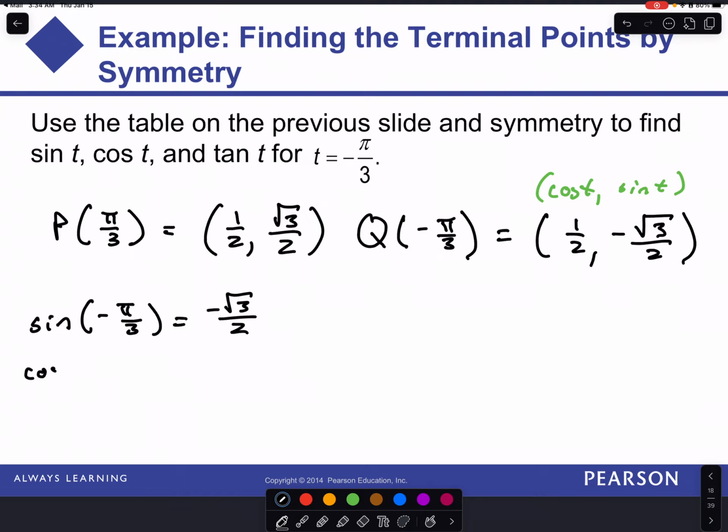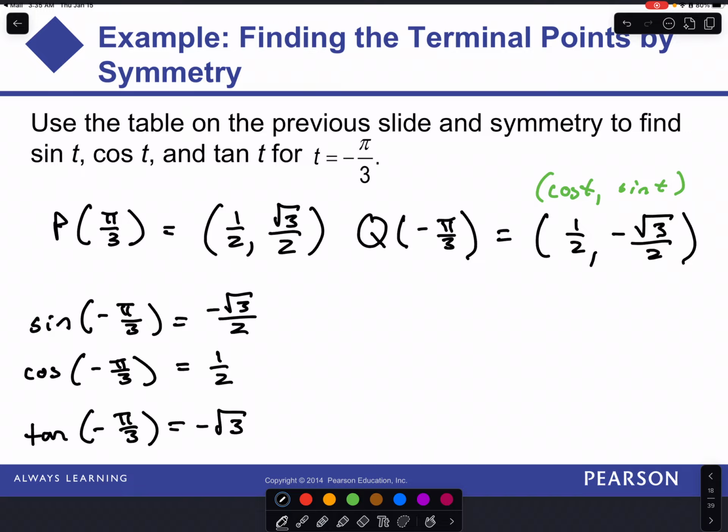Our cosine of negative pi over 3 looks like it's going to be a half. So then once we have our sine and cosine, tan of negative pi over 3, we do sine over cosine. So it looks like it's just going to be negative root 3.